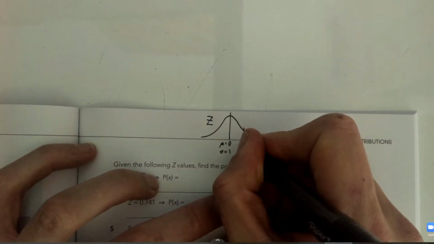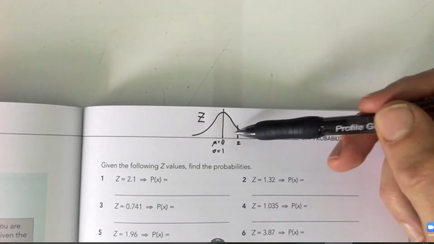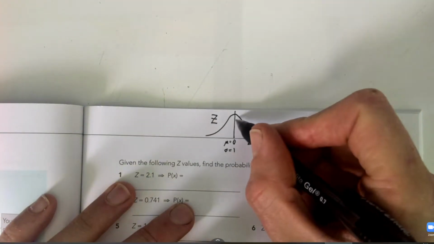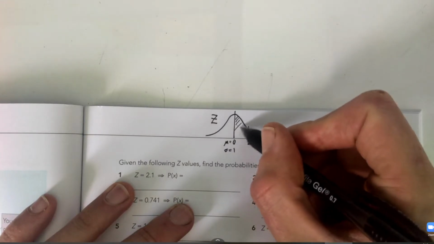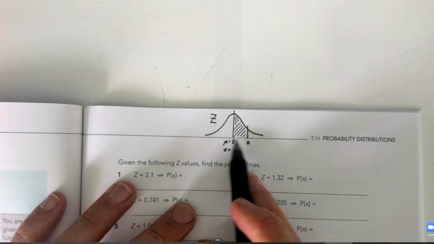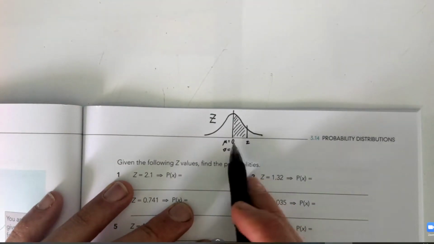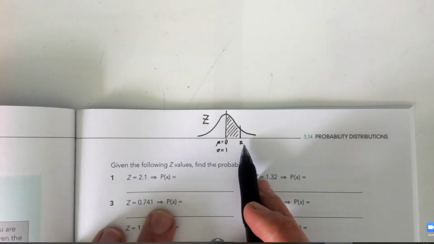Normally it's a little z, and the idea is that the z value is useful for finding the probability of a random variable, in fact this random variable, taking a value between 0 and the little z.